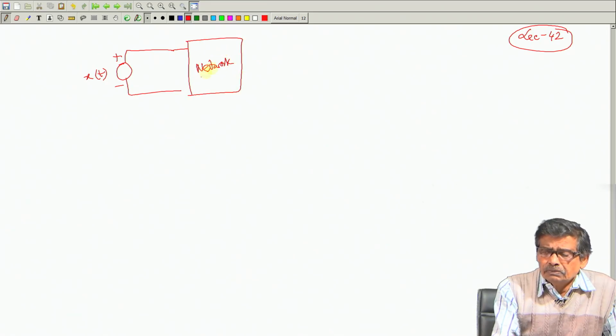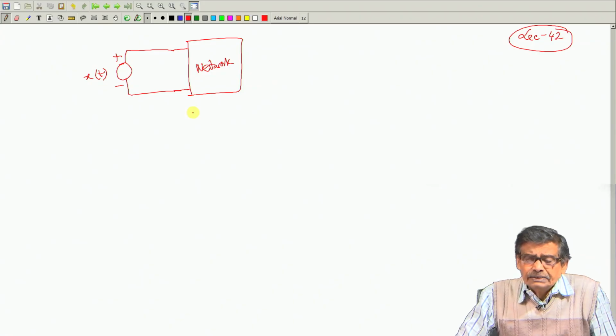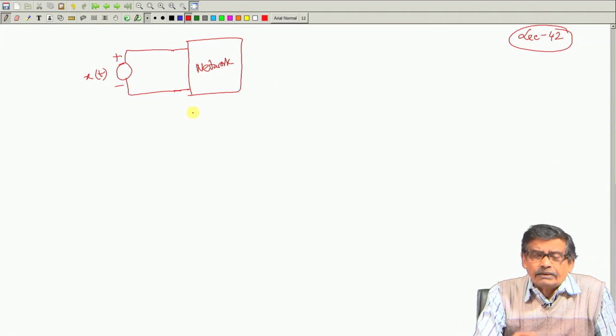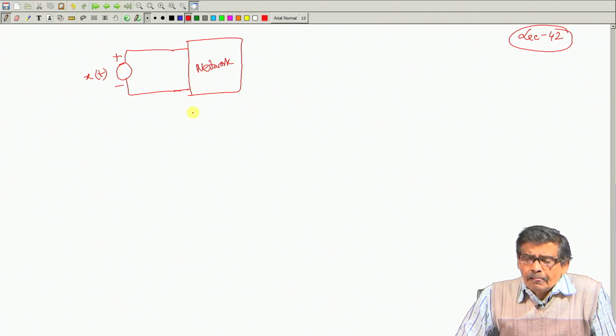So, you have to write down the KVL and KCL equations correctly, and get the current response in the various branches of the network. And one can solve any circuit as it is.